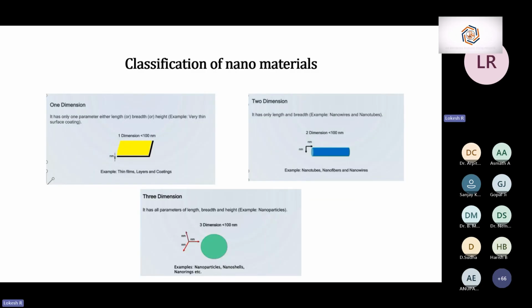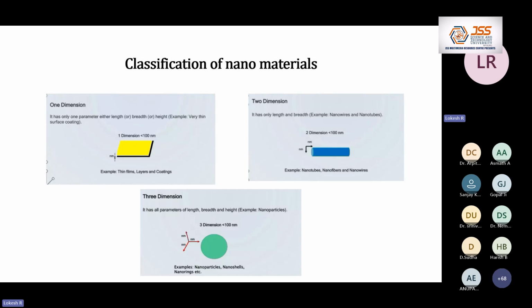Next is the classification of nanomaterials. Nanomaterials can be classified into 3 types based on their dimensions. It is called a 1-dimension nanomaterial if it has one of the parameters, that is length, breadth, or height, in nano.